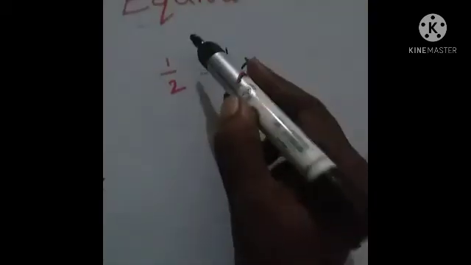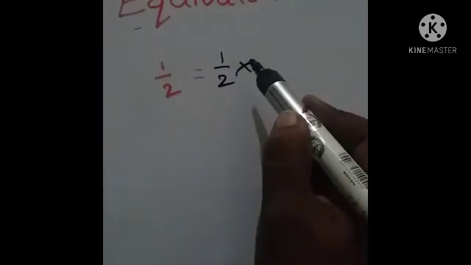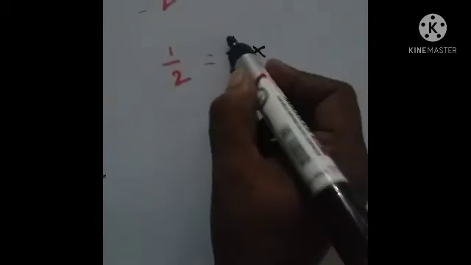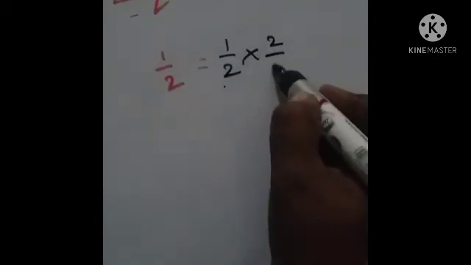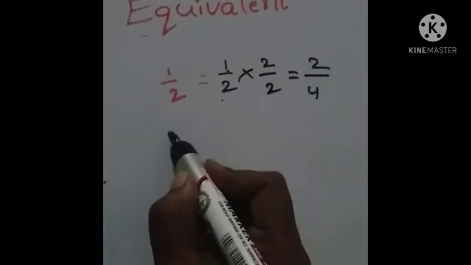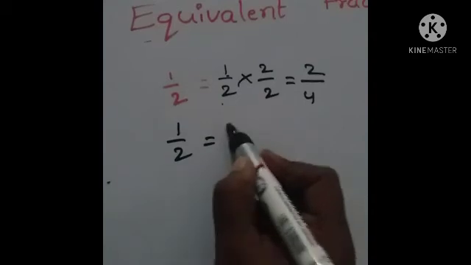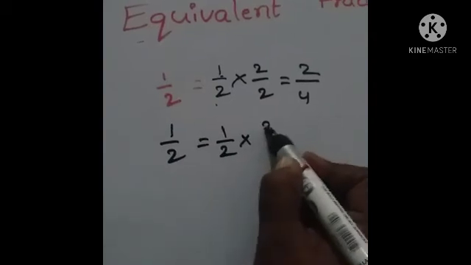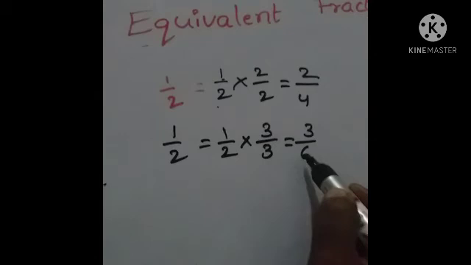Multiplying both numerator and denominator of the given fraction by the same number. 2 1s are 2, 2 2s are 4. Next, 1/2 into 3/3. 3 1s are 3, 3 2s are 6.